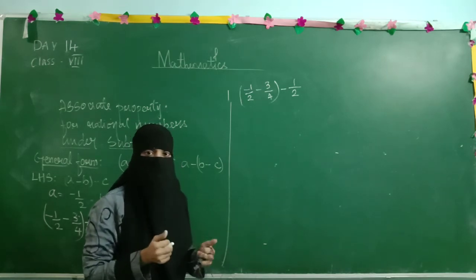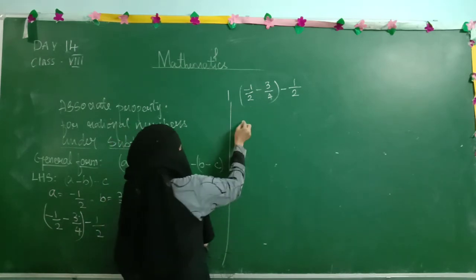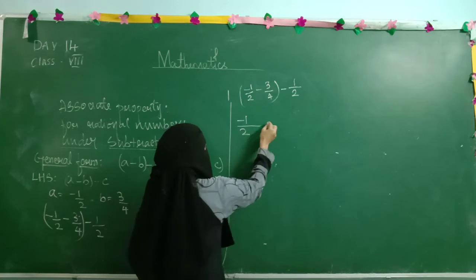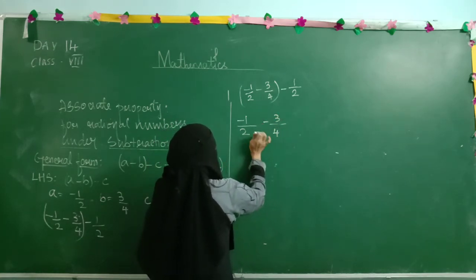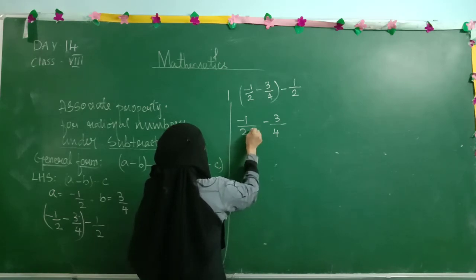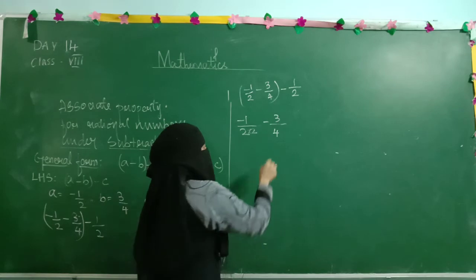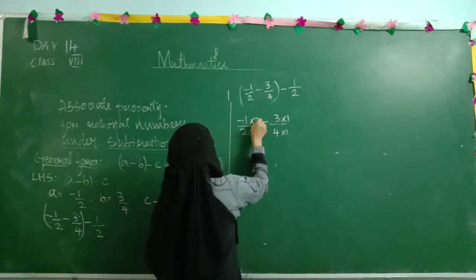Very good, we go for the LCM, or maybe you have observed the alternate method. Minus 1 by 2 minus 3 by 4. This 2 into 2 we can make 4, as the denominator here is 4.